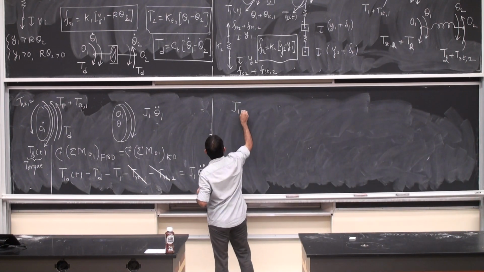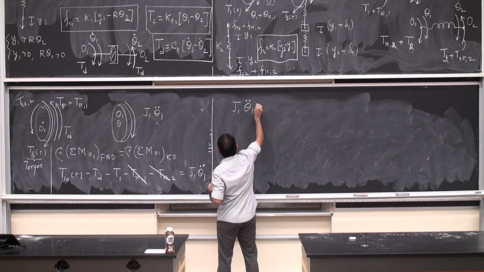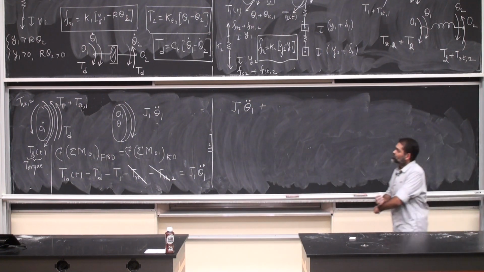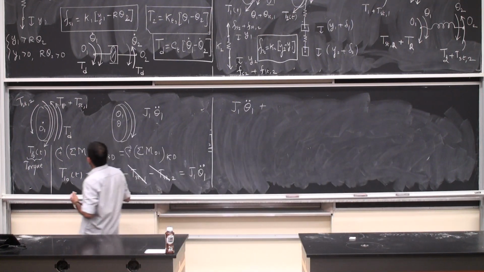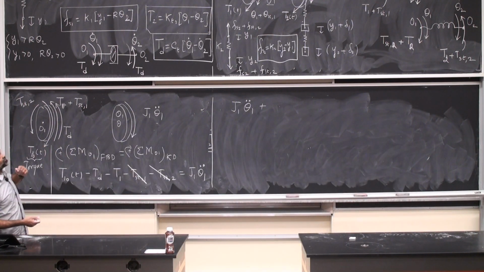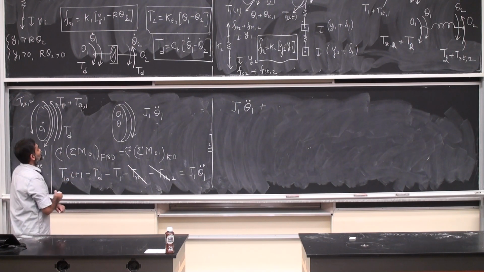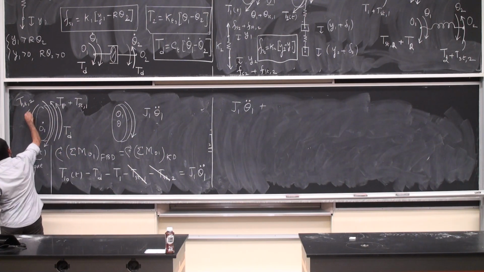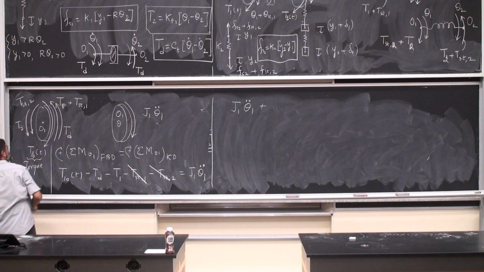So I have J1 theta 1 double dot. Then I'm going to have T1. I'm going to have a T2 as well. I forgot about that. I'm sorry. It is connected to the second spring, so where is the second spring? It's connected this way. So this is also a T2, minus a T2.